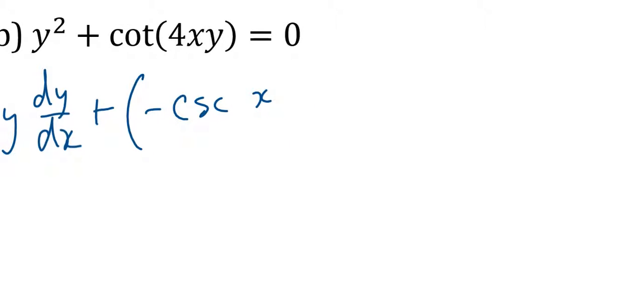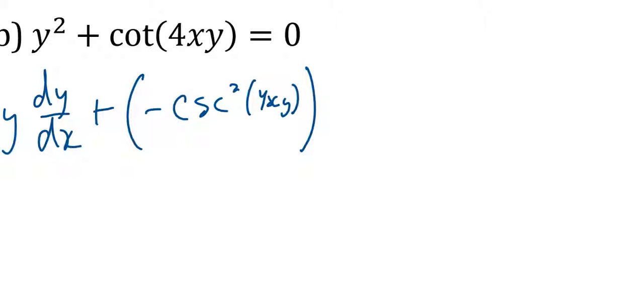I'm going to redo that. So cosecant squared 4xy. Yep, it's product rule again. Because there are so many levels to this, it's easy to miss that. So 4x times y is product rule.